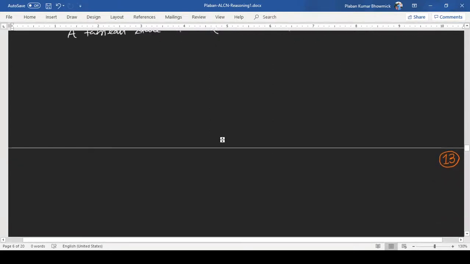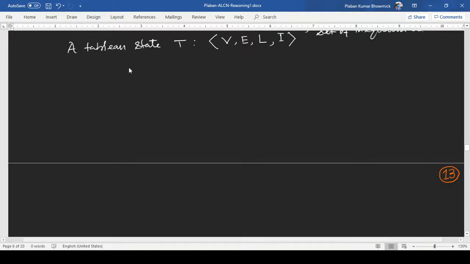We have defined the class conditions, but again for the sake of completeness, let us write the class conditions again. So the first condition is that this bottom concept belongs to the label set of X. X is a node in your Tableau graph, in a particular Tableau state.